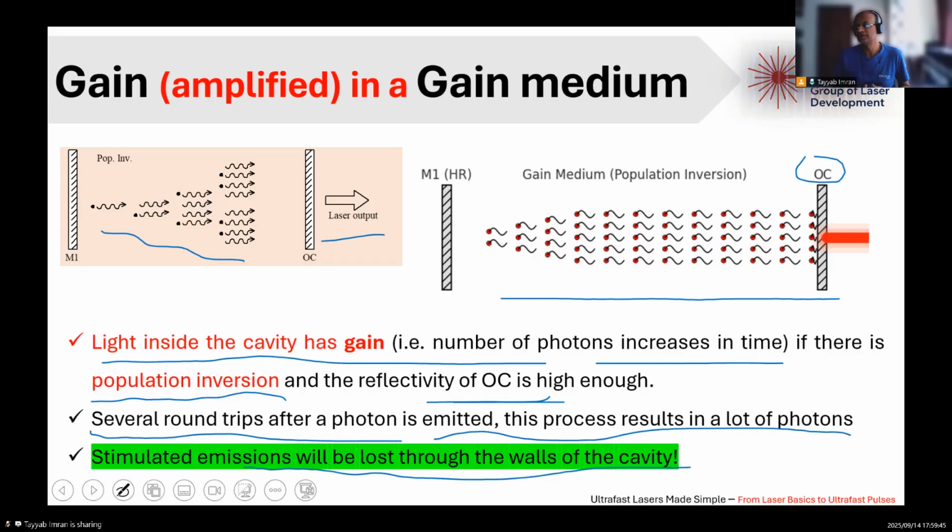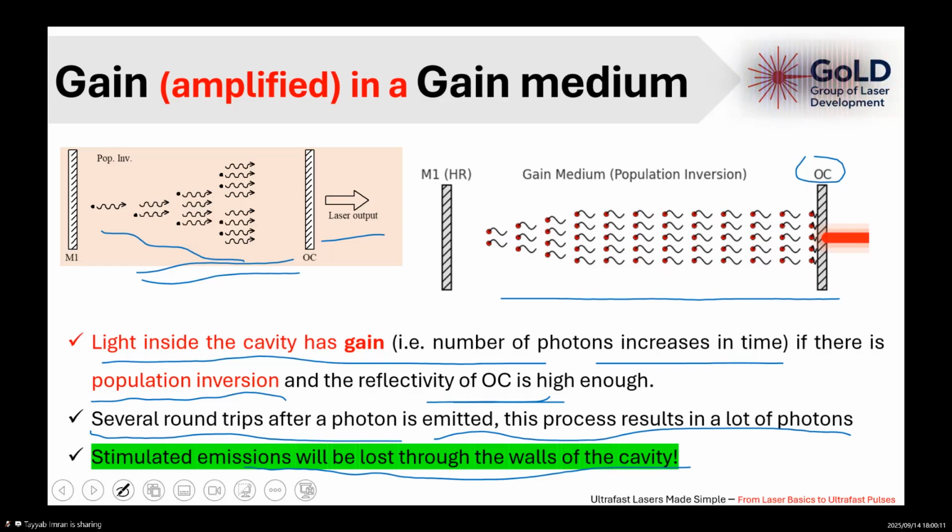If the cavity is not aligned properly, or some other technical issue, like the pump is not enough. But stimulated emission happens in the gain medium where the population inversion happens, and then the action of the cavity starts.